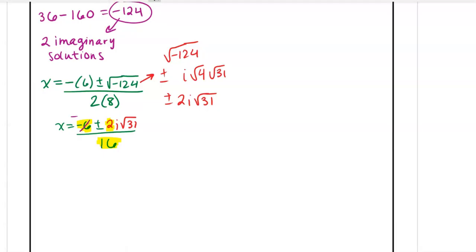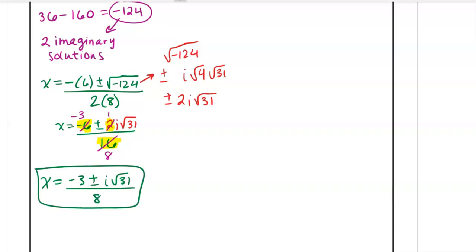Negative 6 divided by 2 is negative 3. 2 divided by 2 is 1. And 16 divided by 2 is 8. So our final answer for number 1 is x equals negative 3 plus or minus i square root of 31 over 8. Woo! I love these.